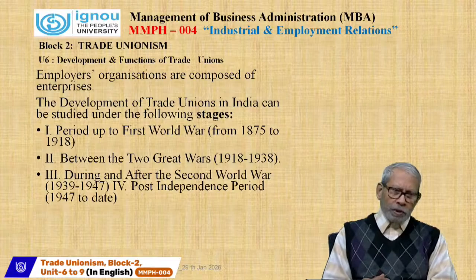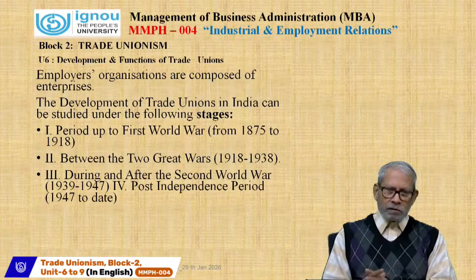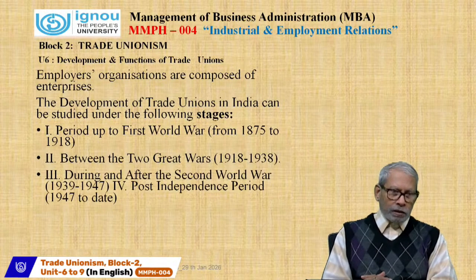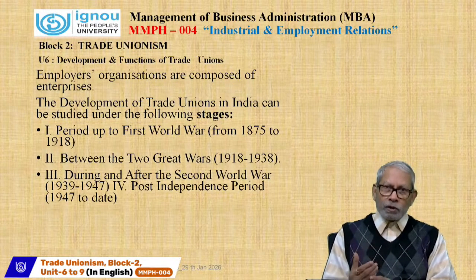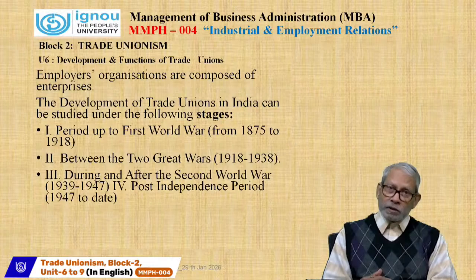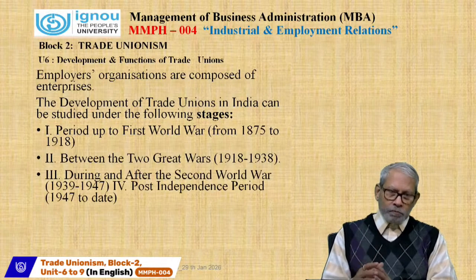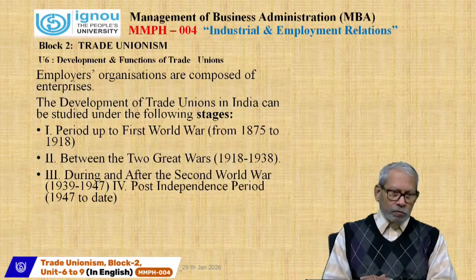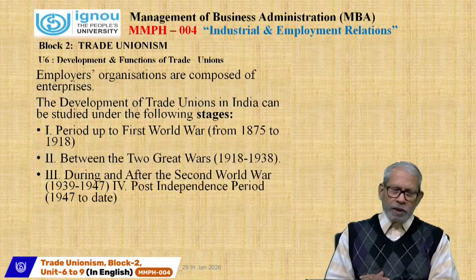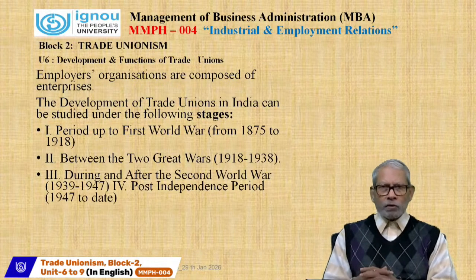Then between the two great wars, that is 1919 to 1938. Then after the Second World War, that is 1939 to 1947, which we know is when it happened. And the fifth stage is the post-independence period, that is 1947 to date.